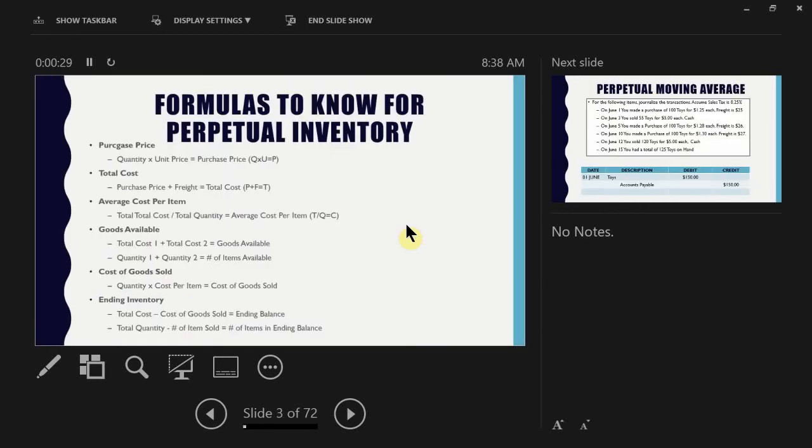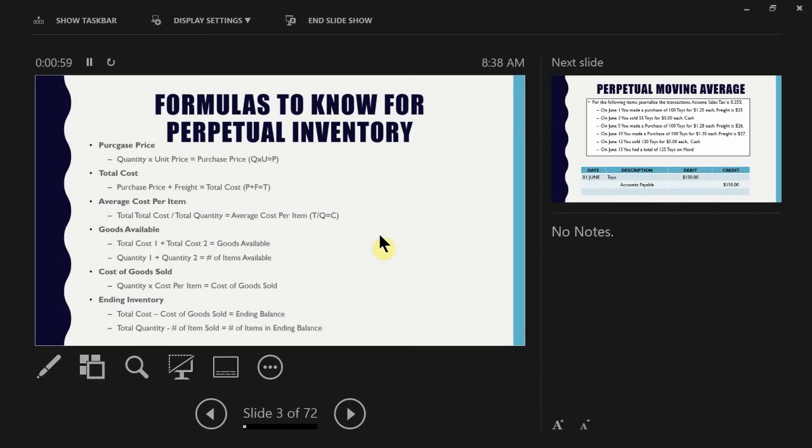So of course, moving average, right? Everything's going to stay the same, except this time we are going to be focusing on an average cost per item. So that sounds familiar from our previous lecture, right? When we were dealing with periodic inventory, we dealt with also an average cost per item.